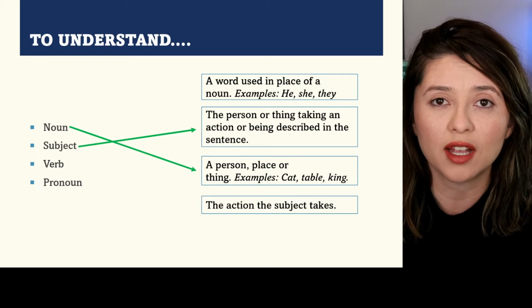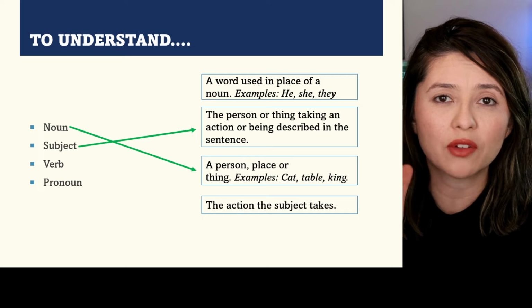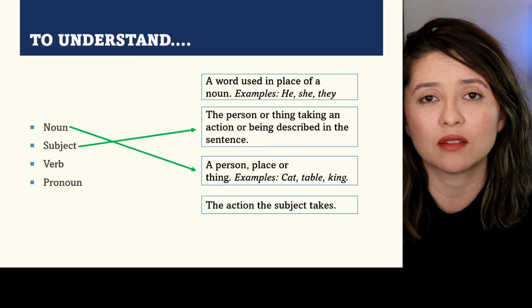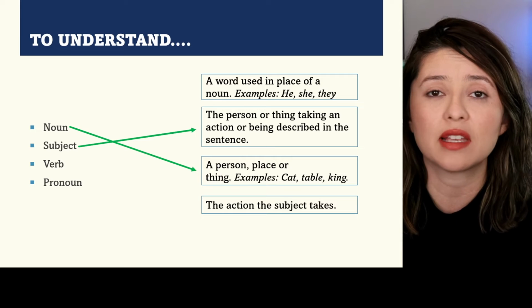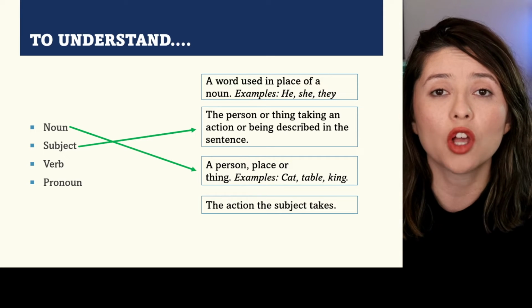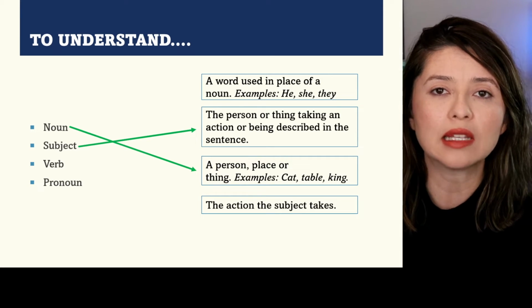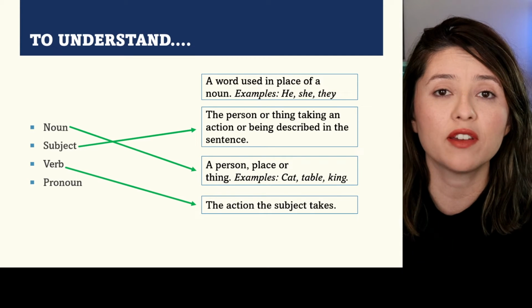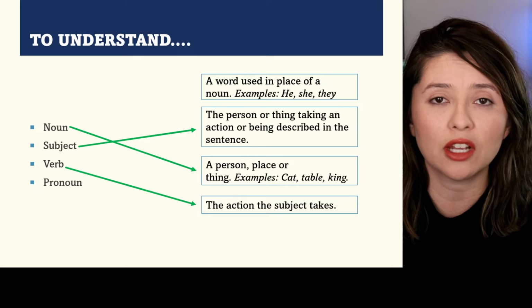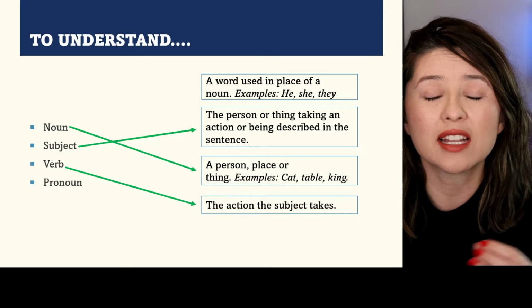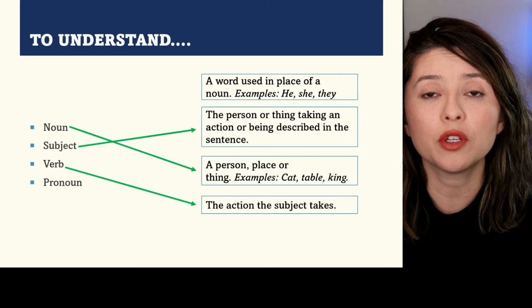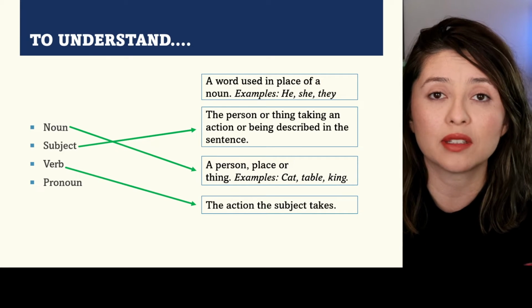We are going to be talking about this subject, what the subject did, and all the description that we have is around the subject. So pretty much all of the sentences in English need to have a subject. Next, we have a verb. A verb is the action the subject takes. It's the action itself. Whenever you're thinking about the verb, you also need to consider the tenses.